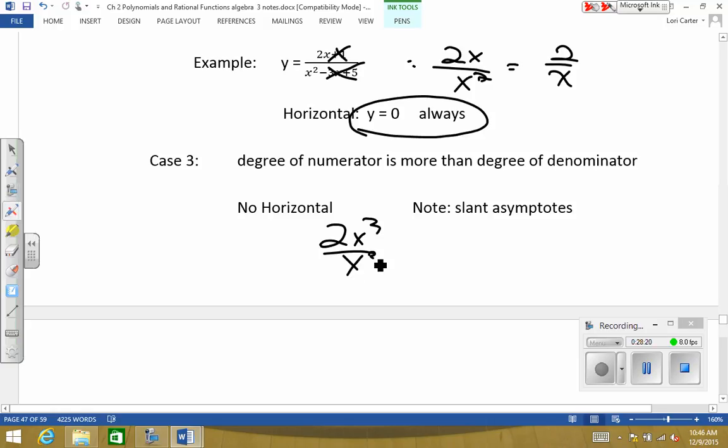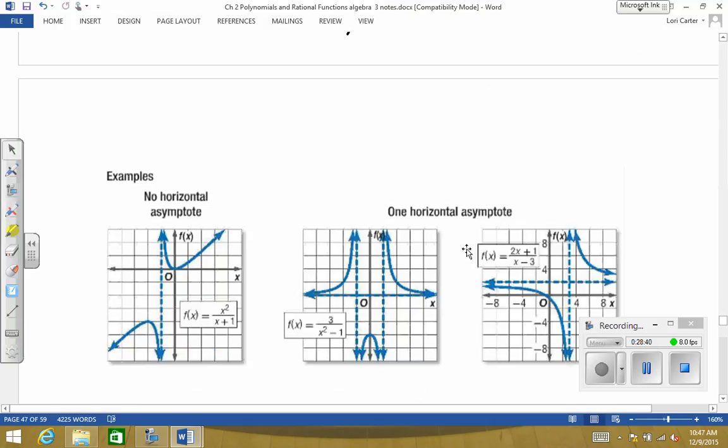So this is larger, and that reduces to 2x, right? It's no longer a beautiful horizontal asymptote. It's a slant. It's actually a line with a slope. So those we're going to do last because they take some work. We're going to do the first 2, and then we'll do the last.